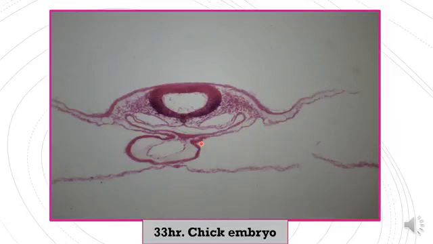This mesentery is called the mesocardium. This one here, what will you call it? The dorsal mesocardium. A single heart tube is suspended by the dorsal mesocardium.